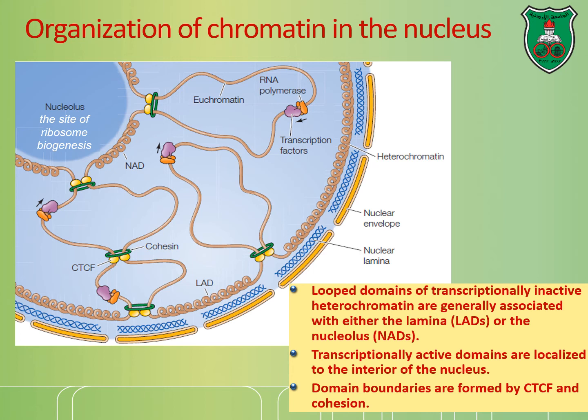Now, what's fascinating is that DNA is not randomly organized in the nucleus. Rather, it's organized in a certain way whereby you have domains of DNA. It just happens that heterochromatin, which contains inactive genes, is associated either with the nuclear lamina, or with the lamina that surrounds the nucleolus.